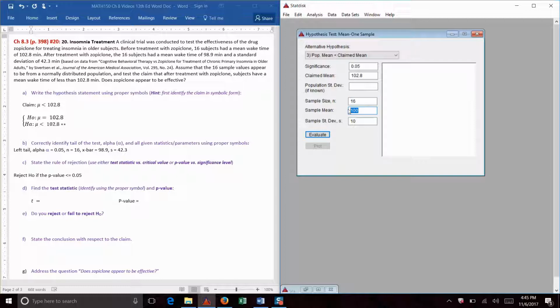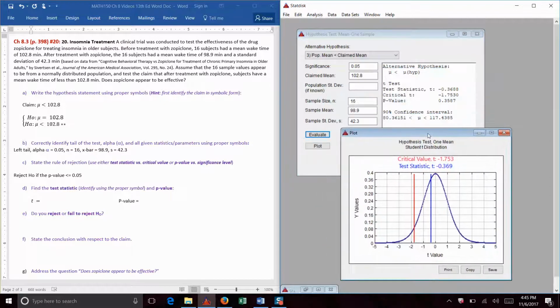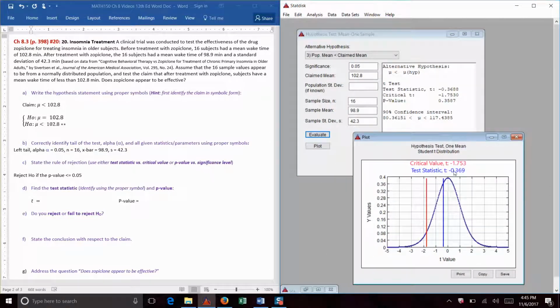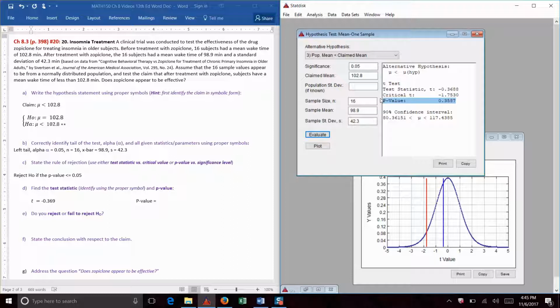Sample size was 16, sample mean 98.9, sample standard deviation 42.3. We can hit evaluate and plot. And it told us that we're using the t-distribution. So again, StatDisk wants to be our friend if we will let it be our friend. And the corresponding p-value here was almost 36%.